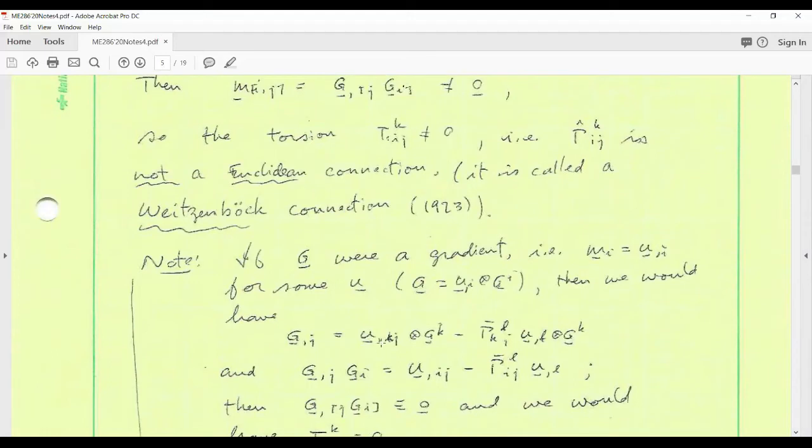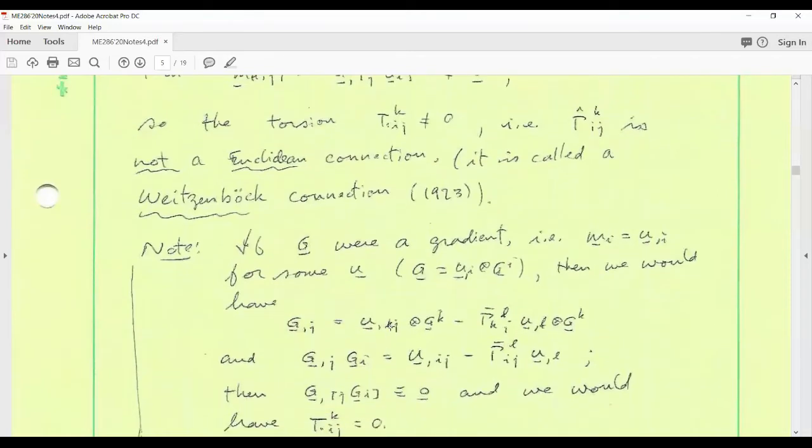That would be U comma ij. Let's see, I'm using a k here. I'm changing this to a k.